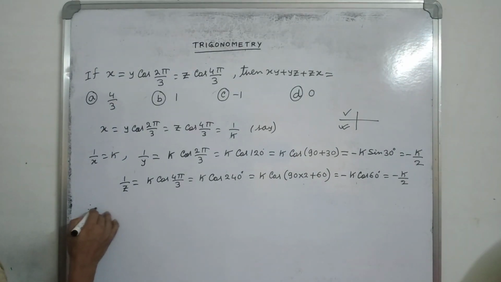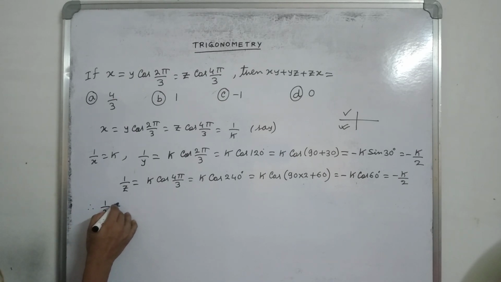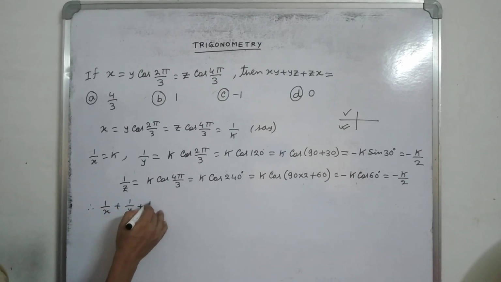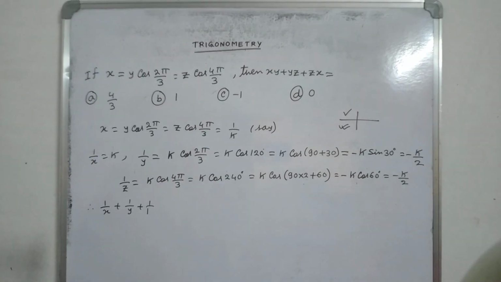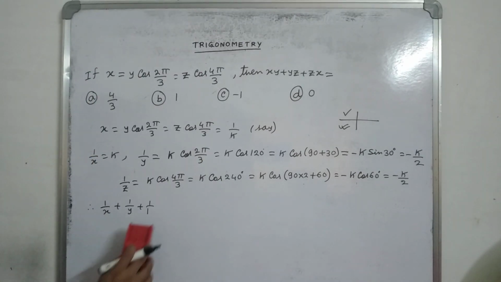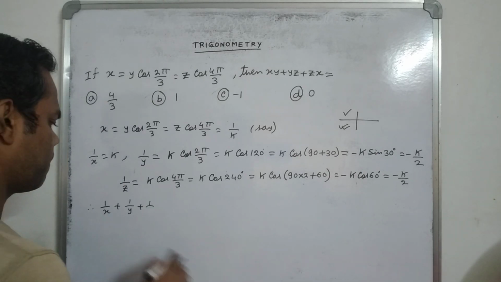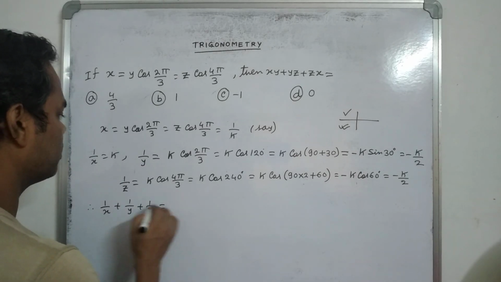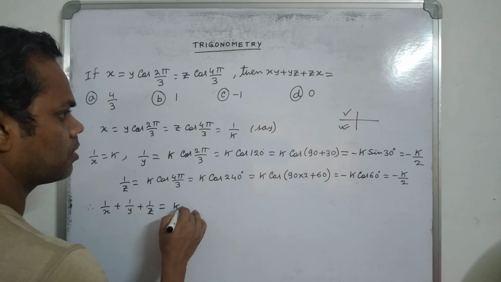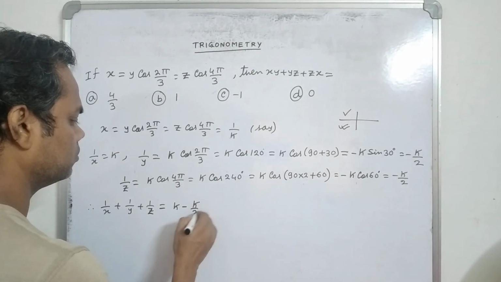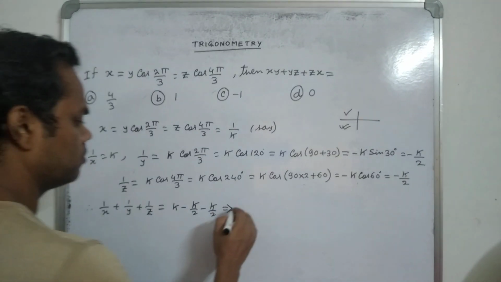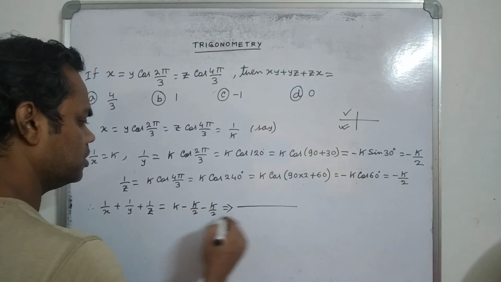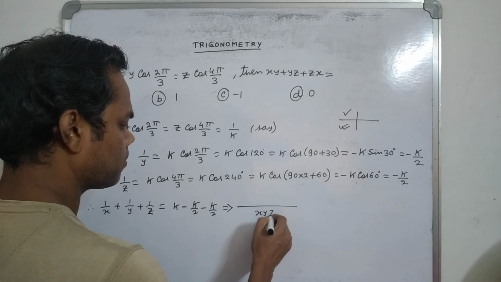So if you write 1 by x plus 1 by y plus 1 by z, this becomes k minus k by 2 minus k by 2. So the LCM of these three terms is xyz.